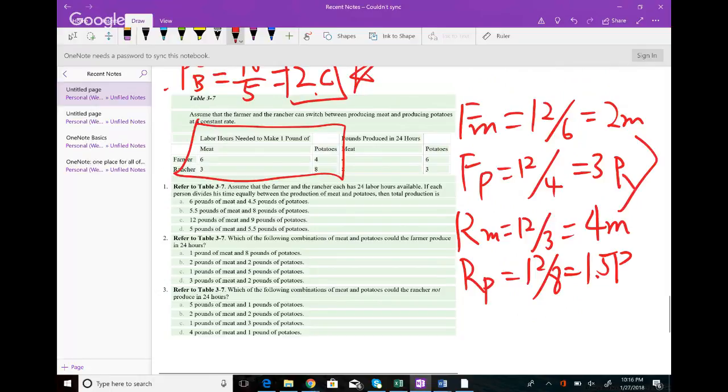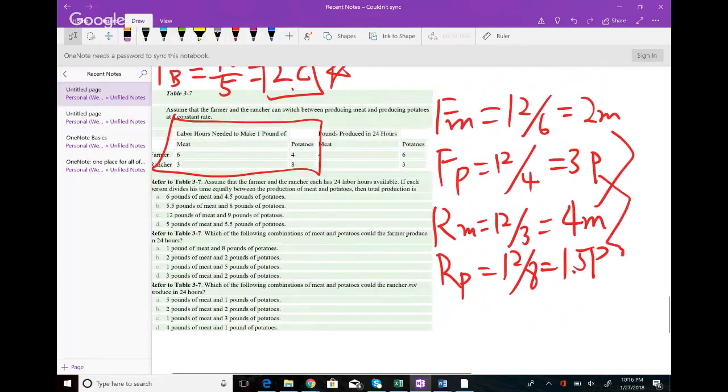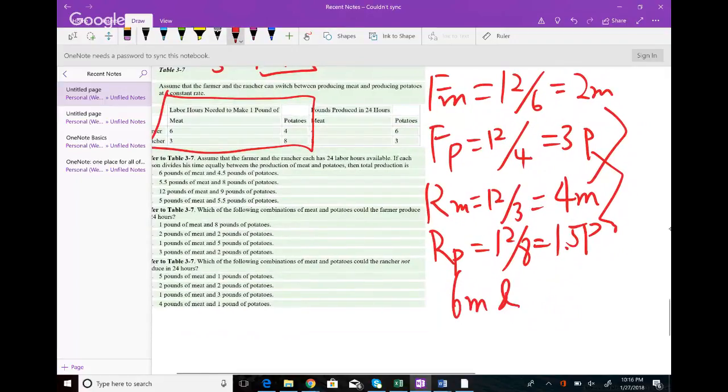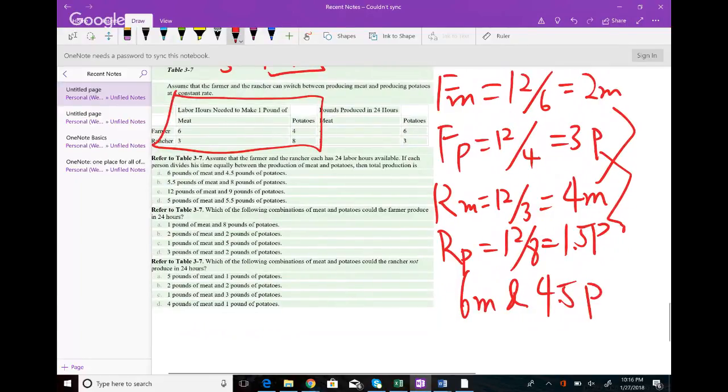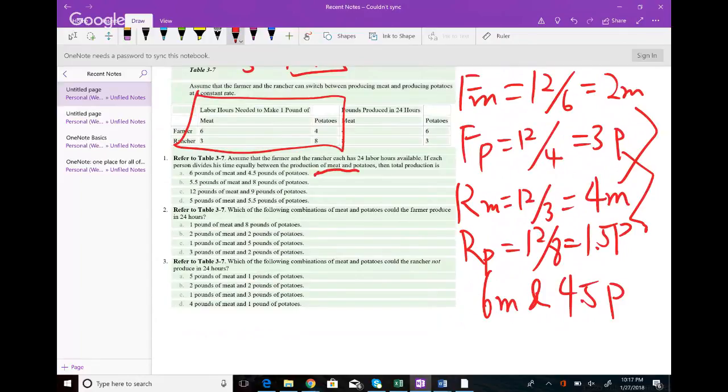Once you add them up, we're going to have 6 pounds of meat and 4.5 pounds of potato. So the answer is the first one, A. Make sure to use the table on the left. Next, which of the following combinations of meat and potatoes could farmers produce in 24 hours?